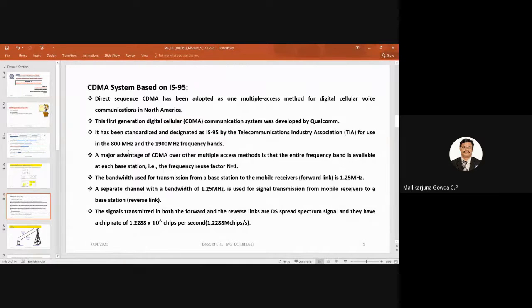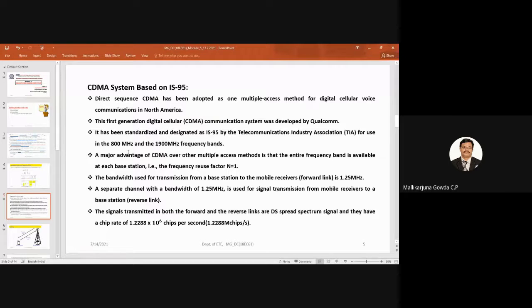In the case of FDMA, if the spectrum available is 10 megahertz, it will be divided into subbands. Say 1 megahertz is a subband, so I can have 10 such subbands, assigned to each user. With respect to this example, 10 users can be accommodated.